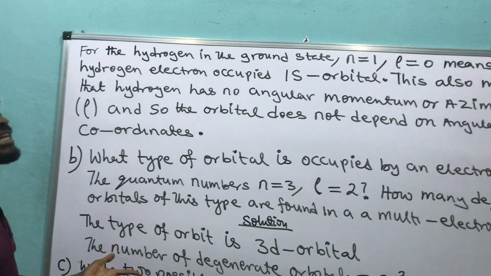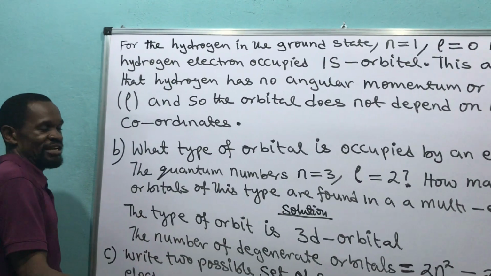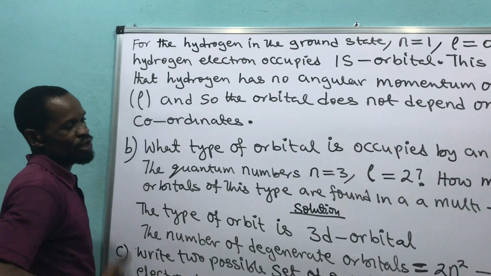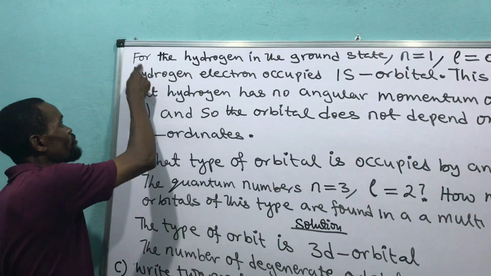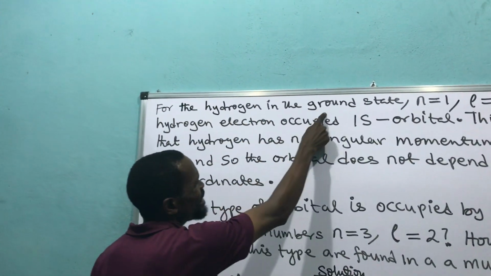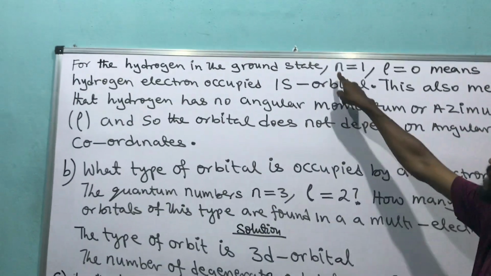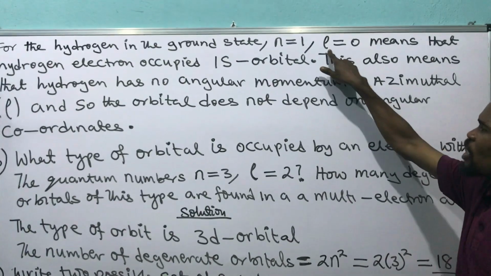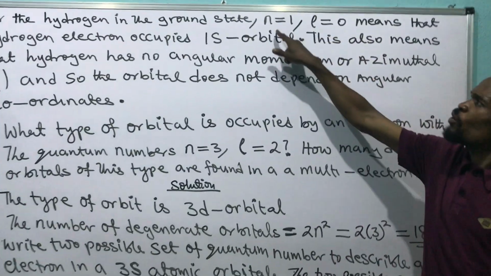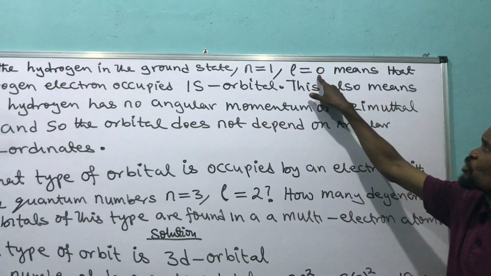Let us look at hydrogen in its ground state, so that when a question is asked on that kind of question, we'll be able to answer it. For hydrogen to be in a ground state means that n, the principal quantum number, is equal to 1, and the angular momentum quantum number is equal to 0.